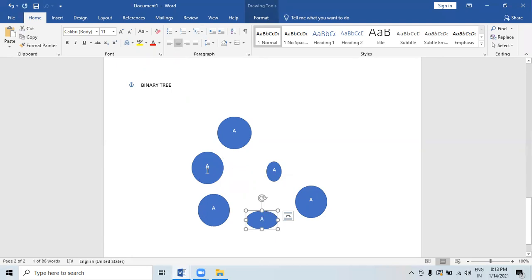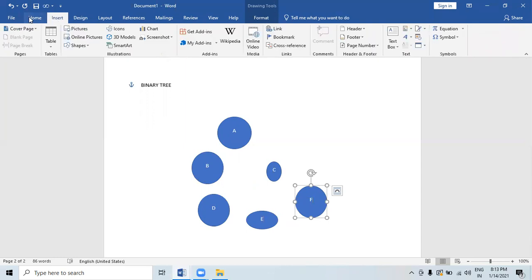Like this you can change the name, like B, then you can give the name C. So this is of course a tree only. D, E, and F. Okay, so give the link of this tree.